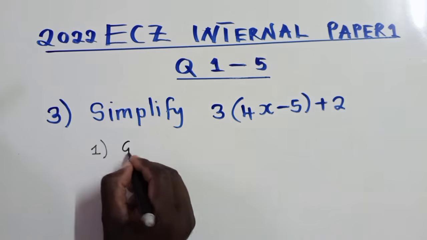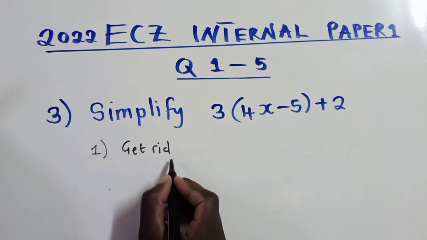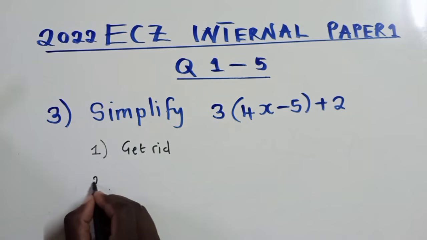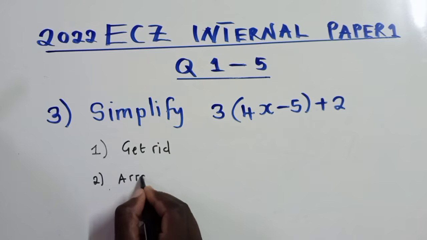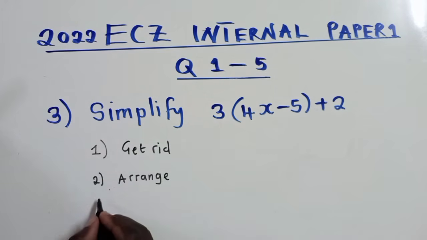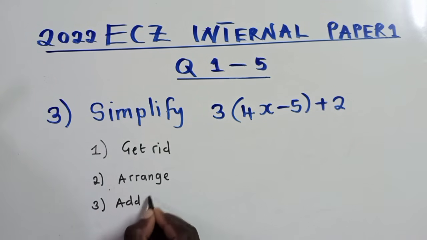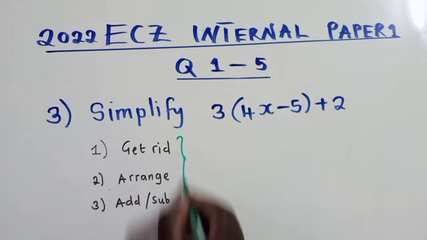Okay, I'll just say get rid of the brackets, we know. Number two, arrange. Okay, so these are the steps that we need to follow. Number three, add or subtract. Okay, so now let's try to simplify this following the three steps that we must put into consideration.